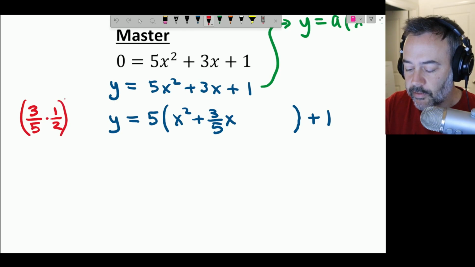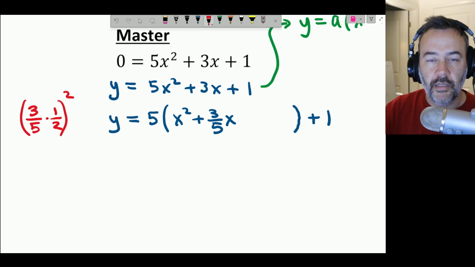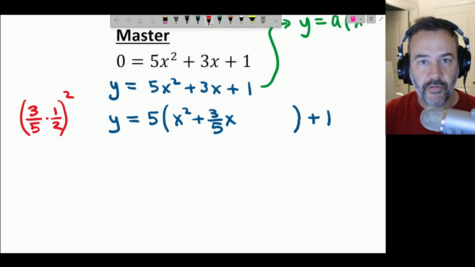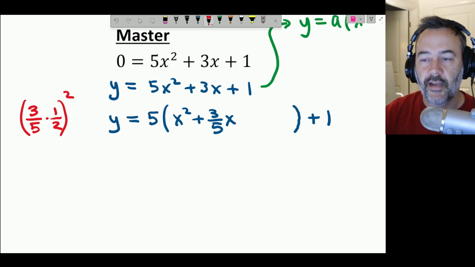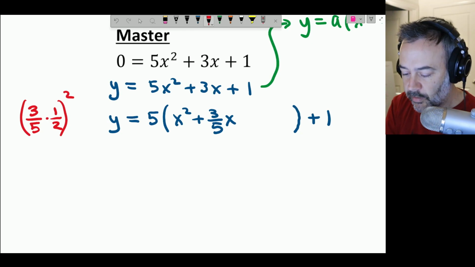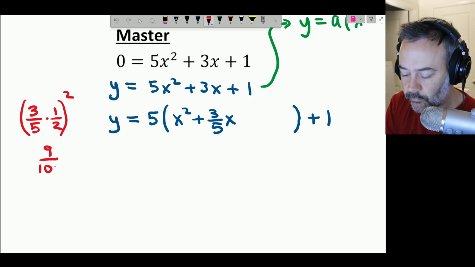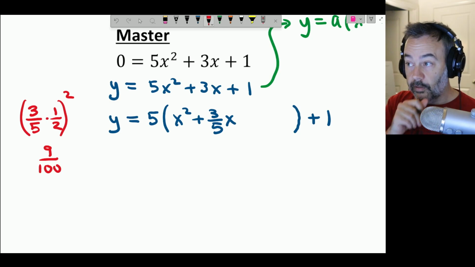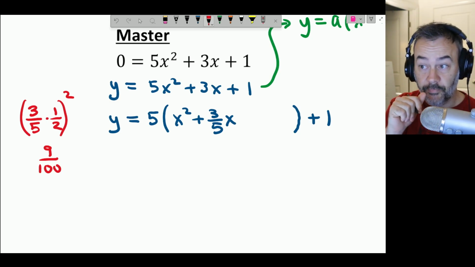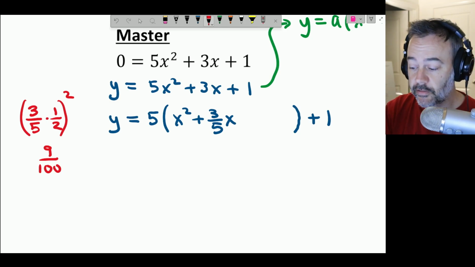We take that result and we square it. When that coefficient is a fraction, like 3/5, I prefer to multiply by 1/2 instead of divide by 2. It's the same thing. It's just easier to write. So we do this and we get 9/100. So that means 9/100 is what we need to add and subtract to the quadratic expression to complete the square.